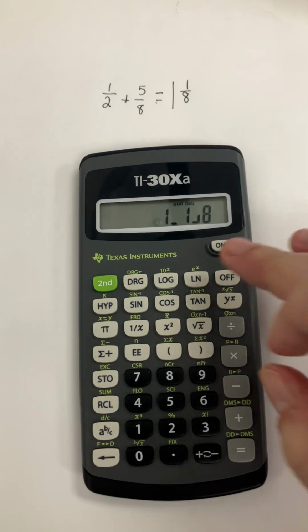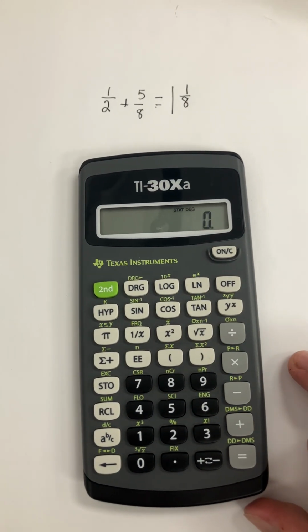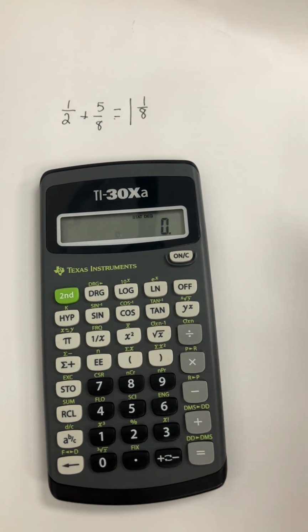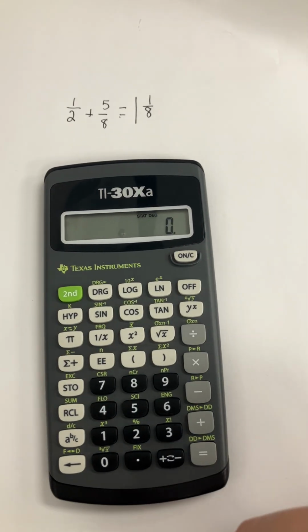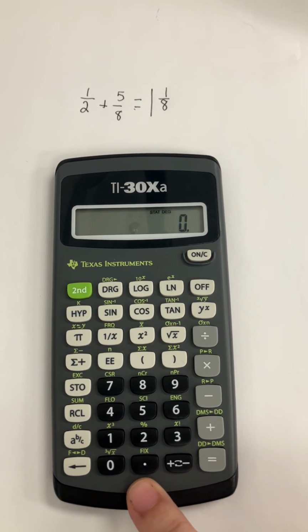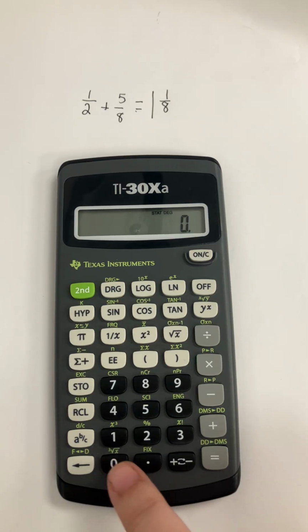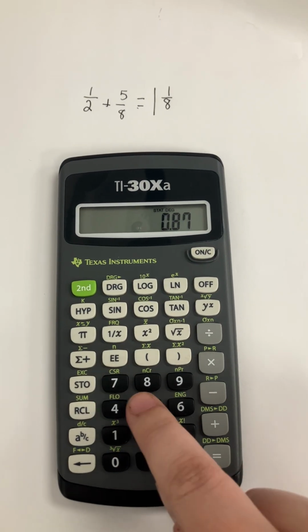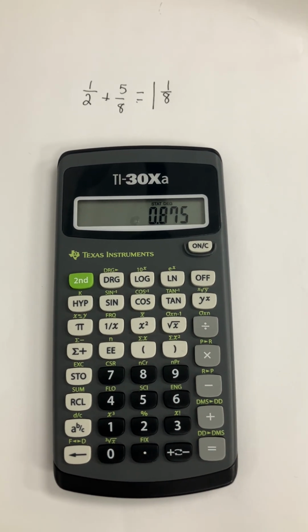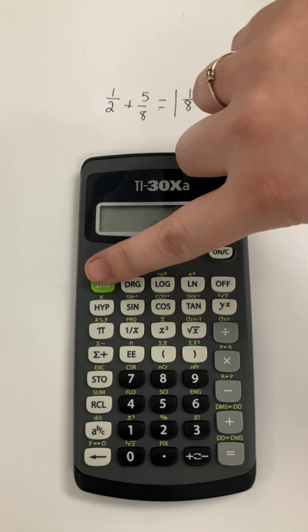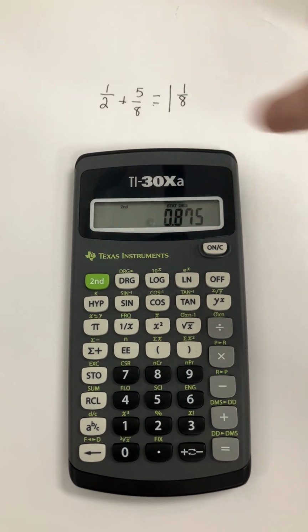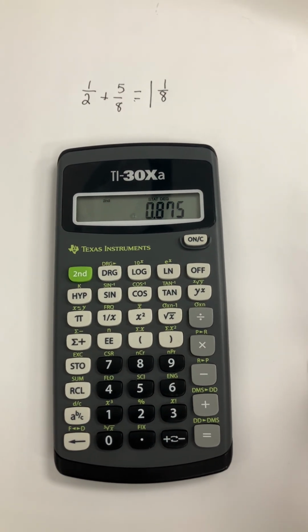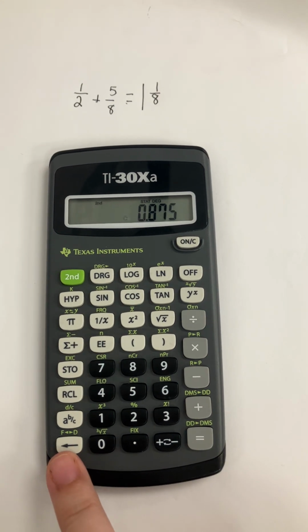Okay. Let's see, what else can we do? Oh, I can change a fraction to a decimal or a decimal to a fraction. Let's start with a decimal to a fraction. So if I have 0.875 and I want to change this to a fraction, I can hit this green second button. After I hit the green second button, then I can hit this back arrow down here.